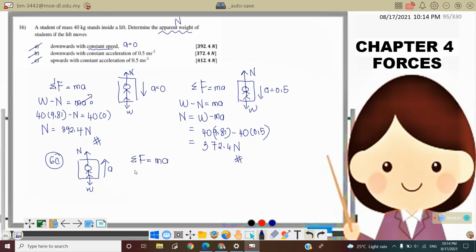Because the motion is upward, we take normal minus weight, because the normal direction is similar to the motion, equals to ma. Then your normal, or the apparent weight, equals to ma plus mg. We can factorize out m: it's 40 times a, which is 0.5, plus g, 9.81. So finally you will get 412.4 Newton.